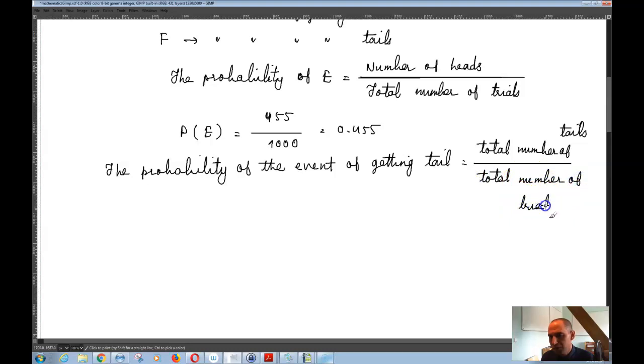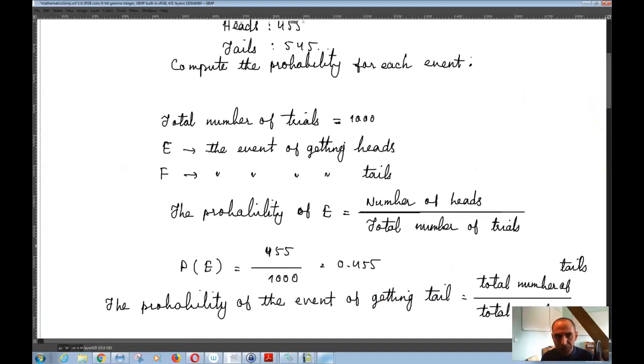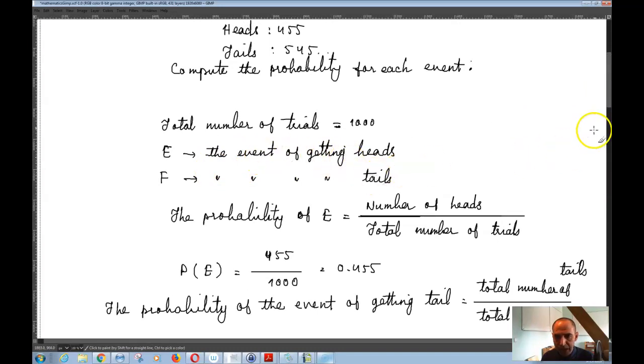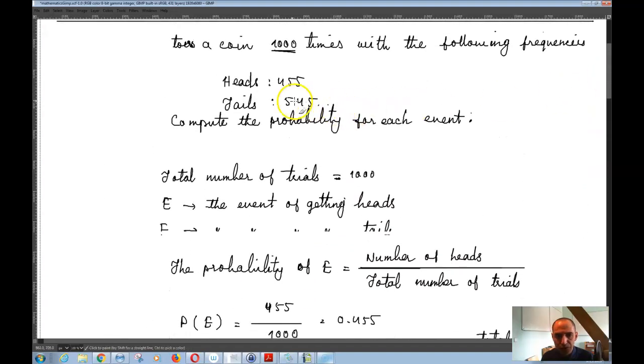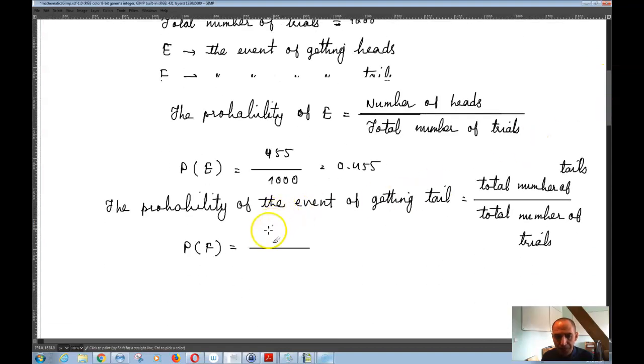I could call it P of F, because I called F the event of getting tails, right? So P of F would be equal to the number of tails, which was 545, to the total number of tries, which was 1,000. So that's equal to 0.545.